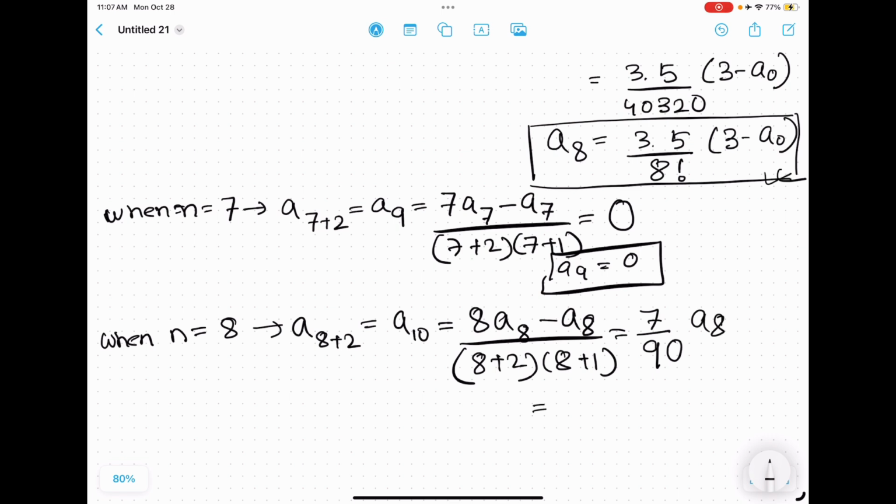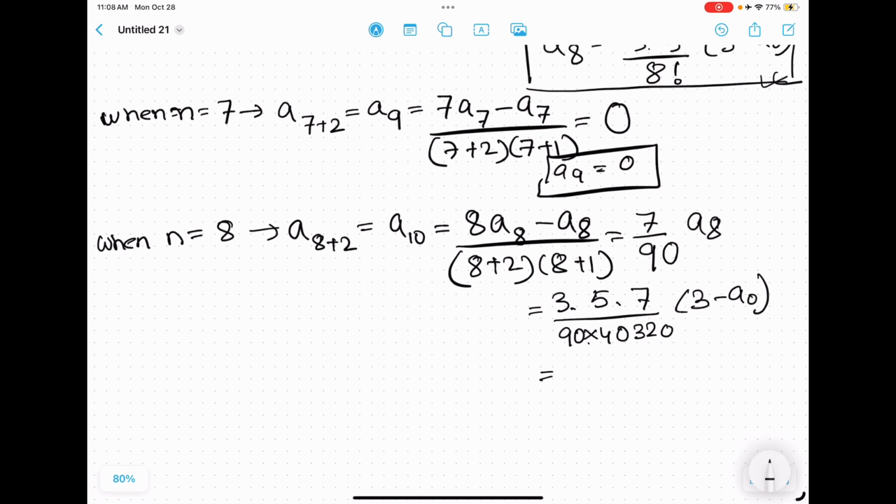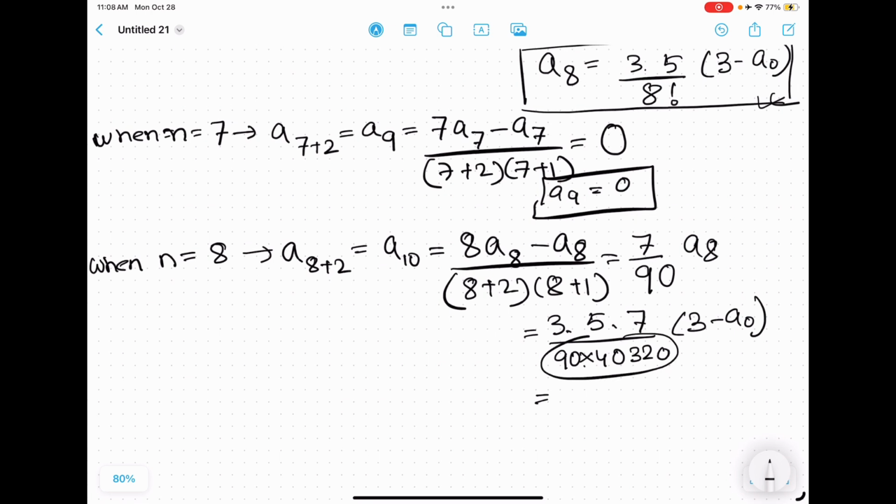So I can write 3 times 5 times 7, and then I have my 90 times 4, 0, 3, 20, and then my 3 minus a sub 0. Now, if you further see that, you will realize that this value right here is nothing but 10 factorial.